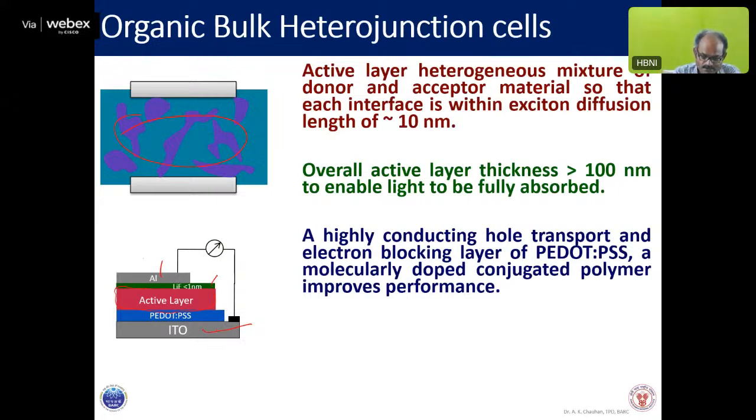And then you have an electron transport layer or hole blocking layer, of very small thickness, deposited very close to this contact. Similarly, you have a hole transporting layer of PEDOT:PSS deposited over the transparent conducting oxide, and it extracts holes out of this active layer.